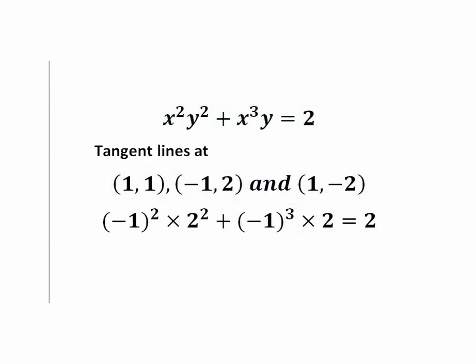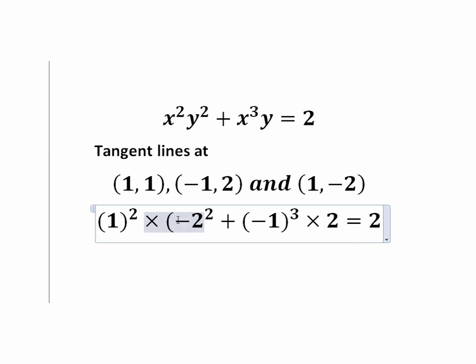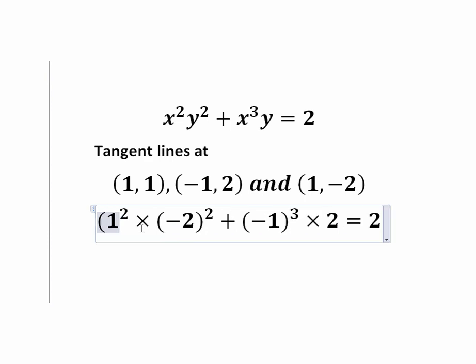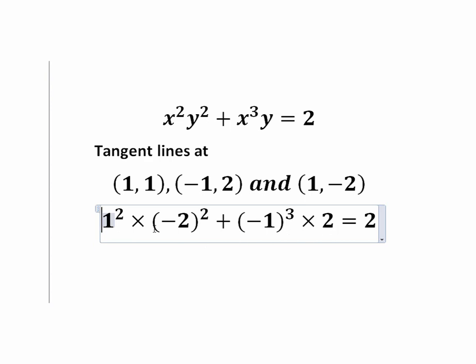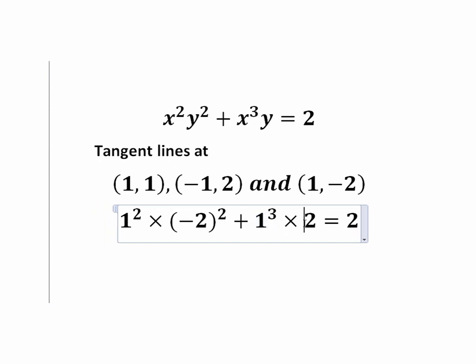Okay, now let's check for 1, -2. Here I'm substituting 1 and -2 in place of x and y. Alright, so here we can remove these brackets. So we have 1 cubed, and then here we got -2.